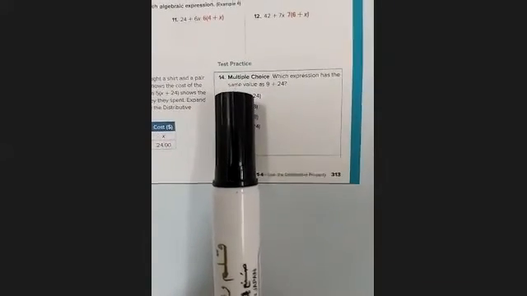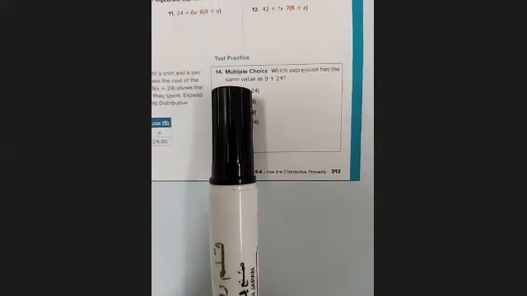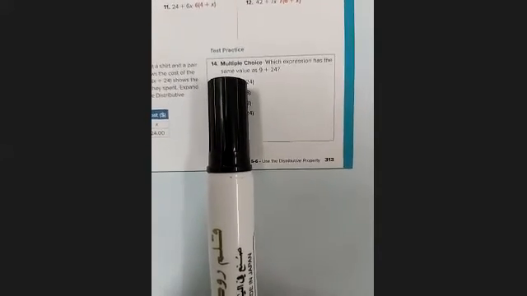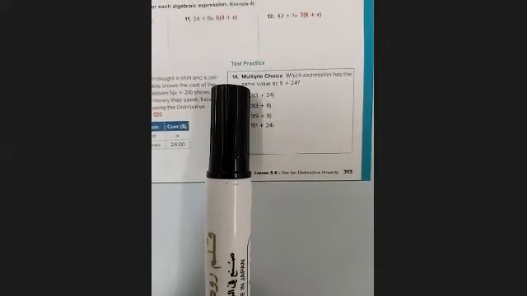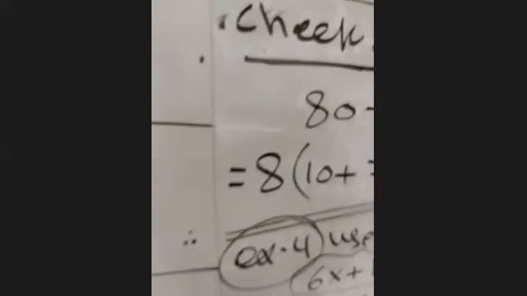Which expression has the same value as 9 plus 24? Think about it and select the correct answer between these answers. This is the homework, guys. Try to do it at home. If you have any questions about this whole lesson, just tell me.